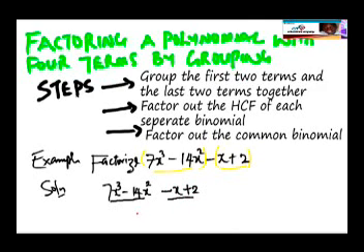So what we're going to do here is apply the second step, which says factor each of the binomials separately. What is the common term here? What is the highest common factor between these two? You have 7x. It can go into any of these two. By now we should know how to do this very fast.